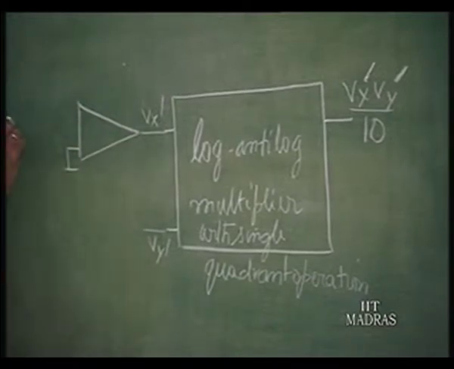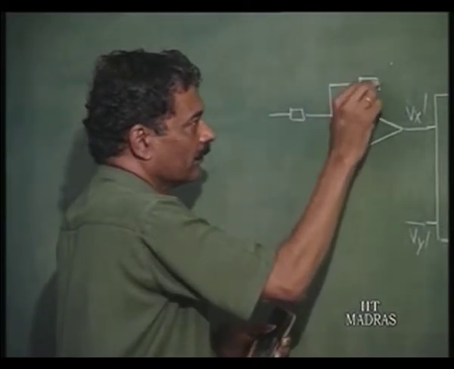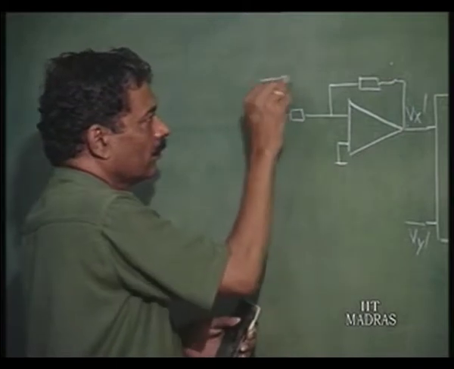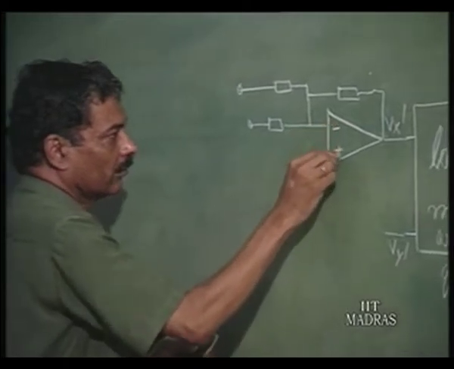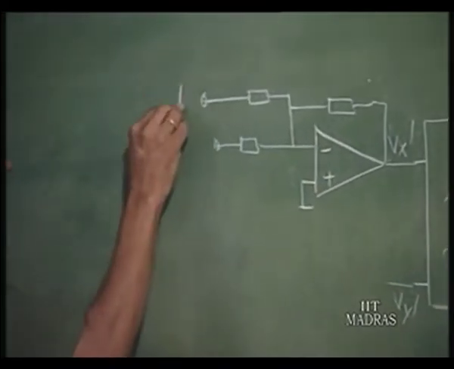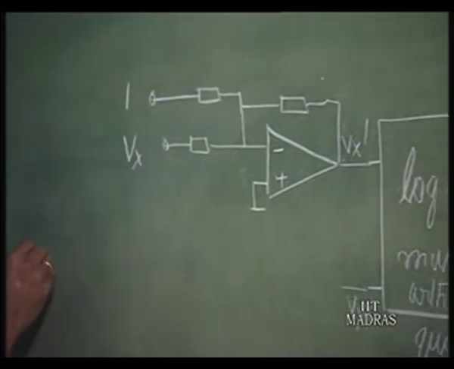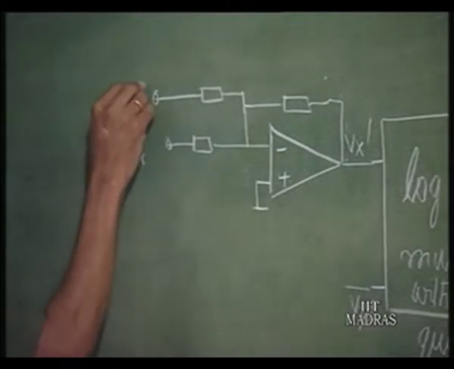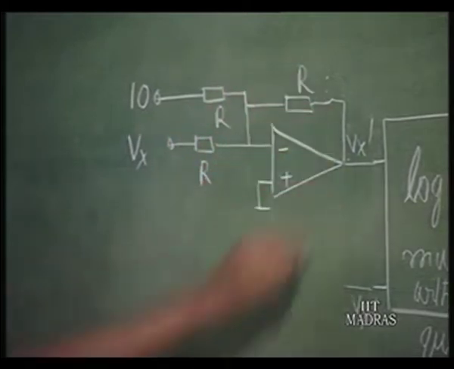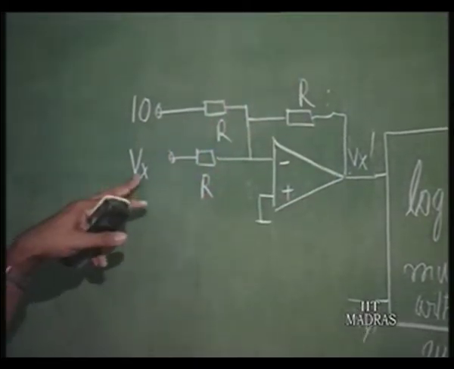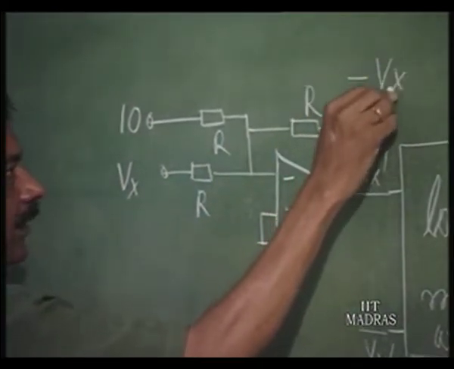So, one simple way is, you have here, let us say, V x, and this is 10 volts, this is R. So, what will appear at V x dash is minus V x minus 10 volts.